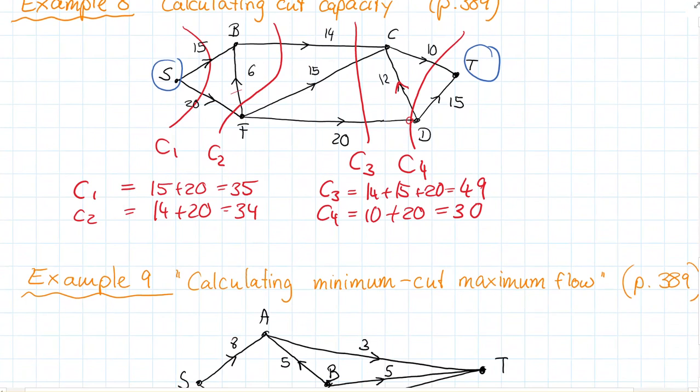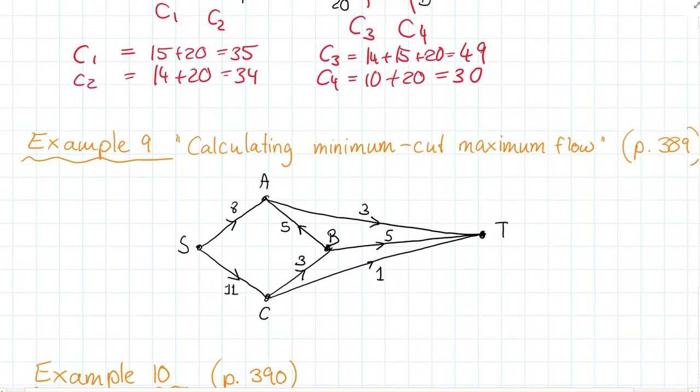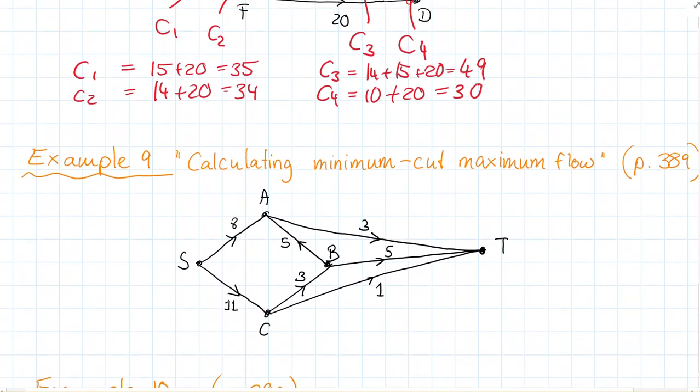We want to have a look at example 9, calculating minimum cut, maximum flow problems. We would do that again. We would investigate all the cuts possible, and that's on page 389.